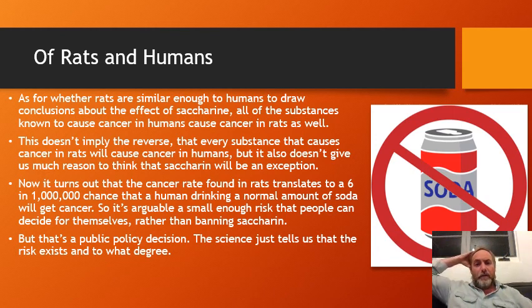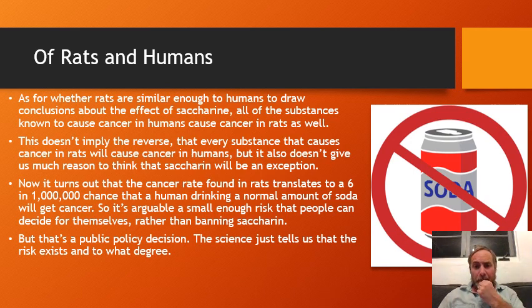And as for whether rats are similar enough to humans to draw conclusions about the effects of saccharin, so far, all of the substances that we have found to cause cancer in humans also cause cancer in rats. So that's interesting. Of course, it's different from the claim that every substance that caused cancer in rats would cause cancer in humans, which would be the inference you would maybe want if you wanted to apply this study to humans.